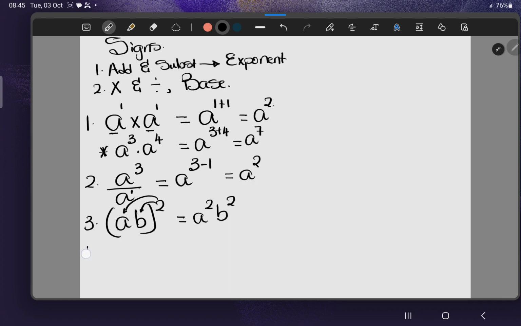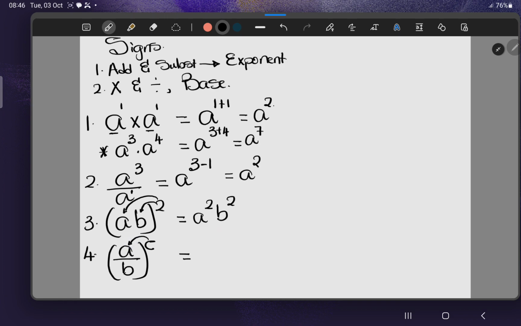And then number 4, we have (a divided by b) to the power c. Because I've got the division, I have the liberty to remove the bracket with the exponent c. So this one is going to multiply there.